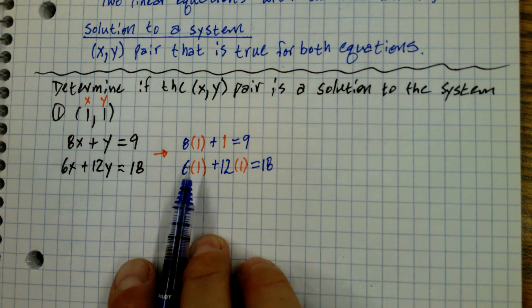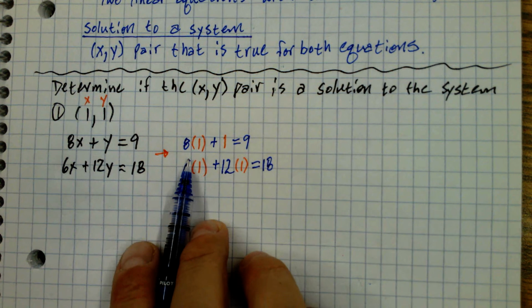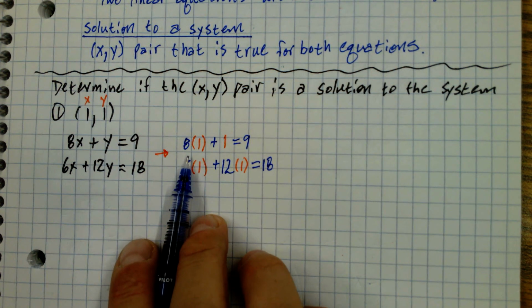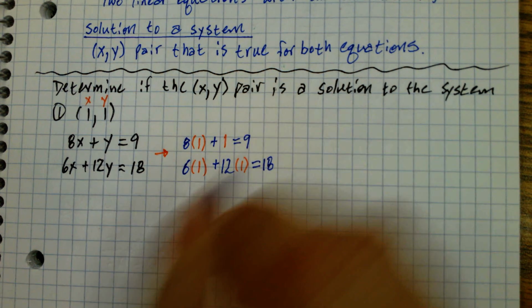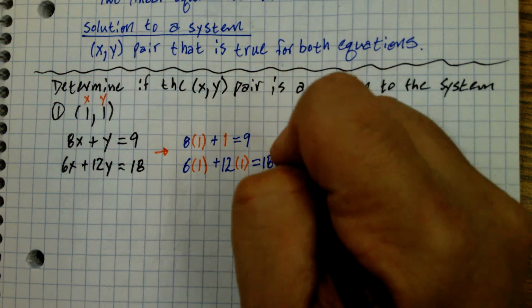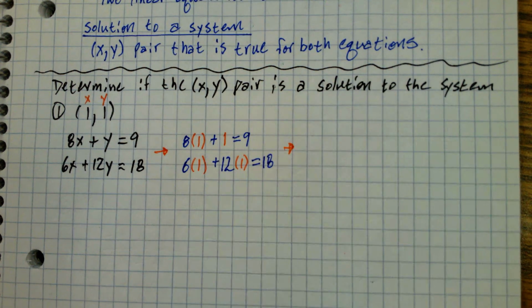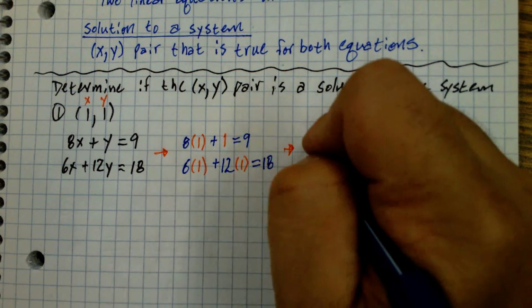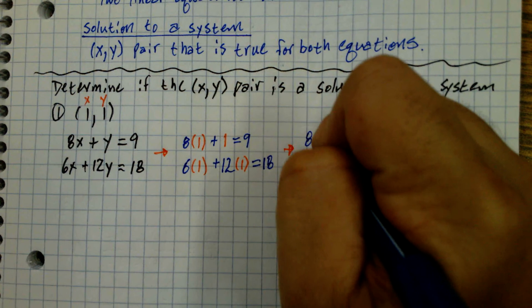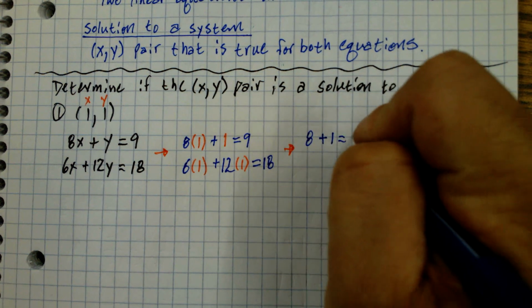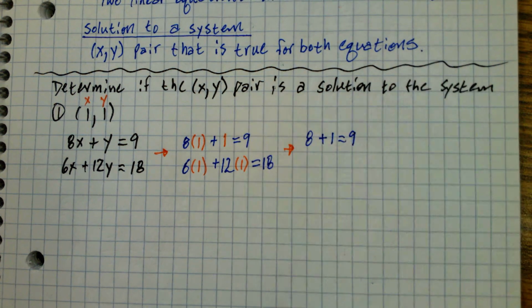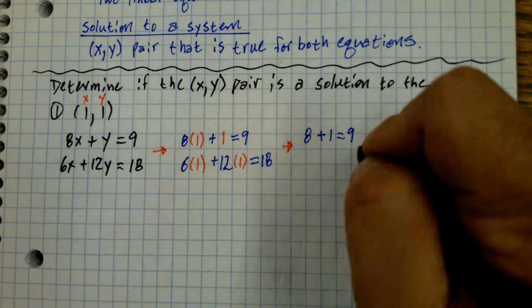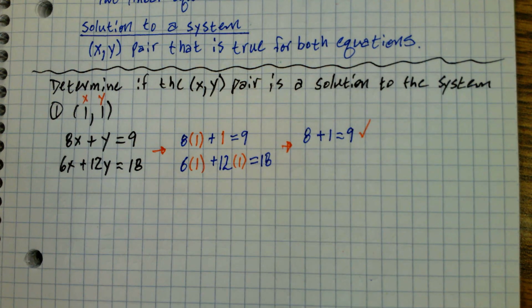So I can already see the first one's going to be true, right? Because 8 times 1 is 8. So I just simplify, multiply the 8 times 1, I get 8, then plus 1, and then I'm going to check and see if that's 9. It's 9, right? 8 plus 1 is 9. So that's true.